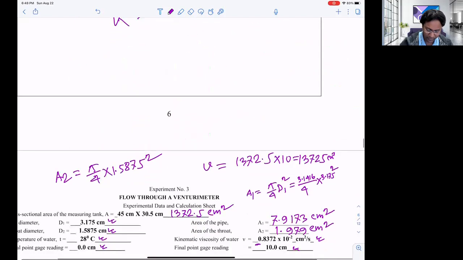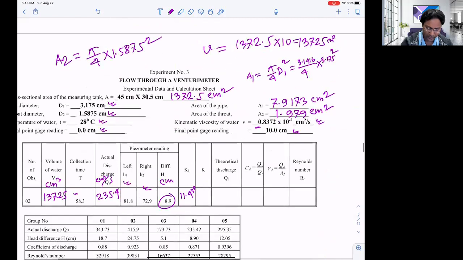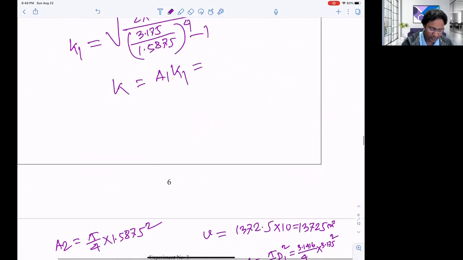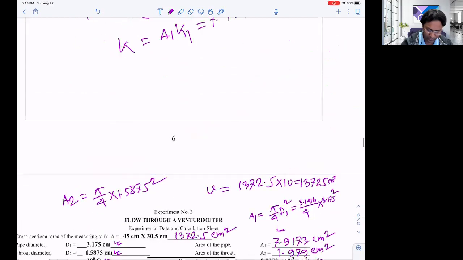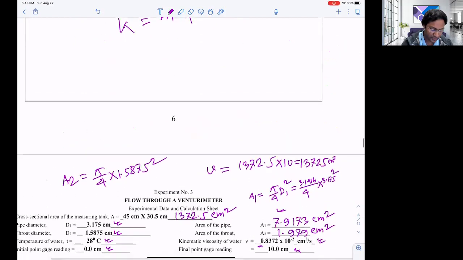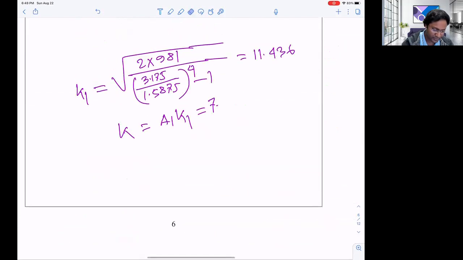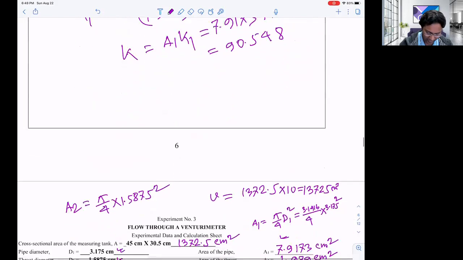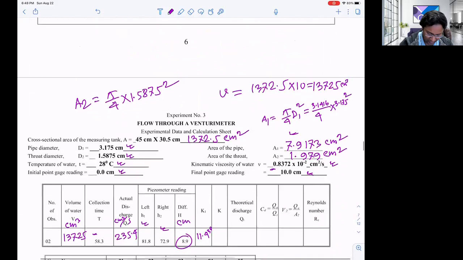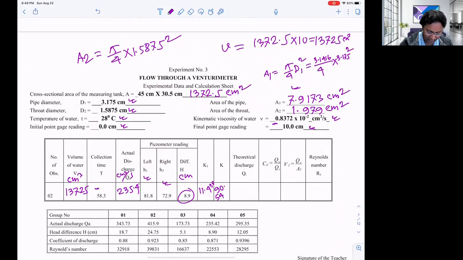Area is this one, 7.9173. So 7.9173 into 11.436, and we are getting this value, 90.548. So 90.548, that is the value of K.